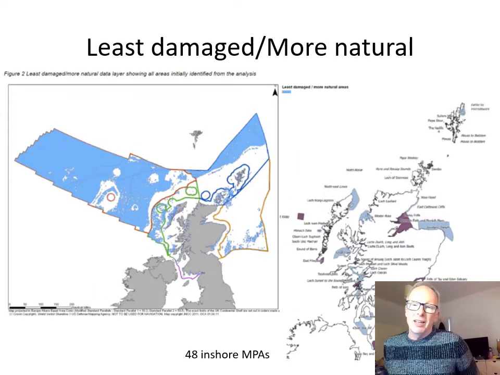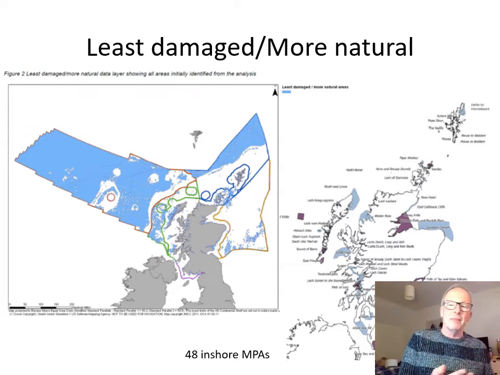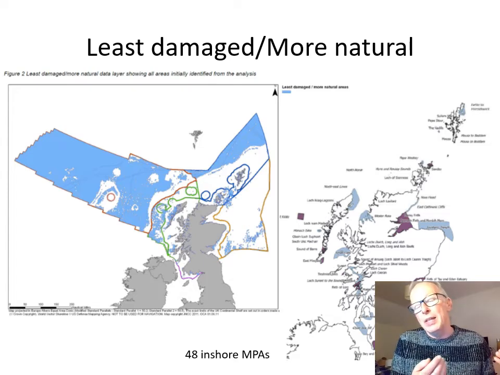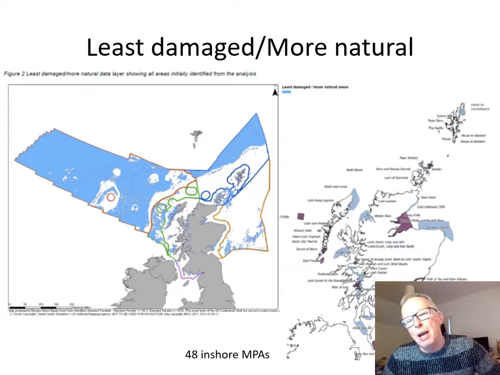In Scotland, in 2011, the process of designating areas involved all sorts of different considerations, and one of them was this least damaged, most natural designation, in which those least used areas of the coastline were seen as most natural and potentially places to conserve undamaged resources.